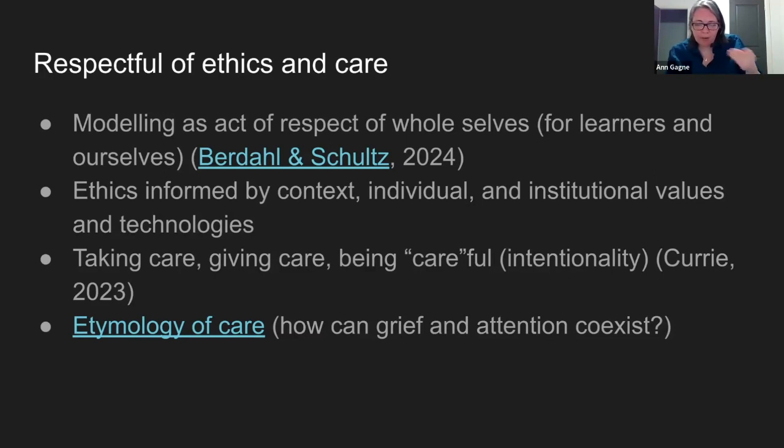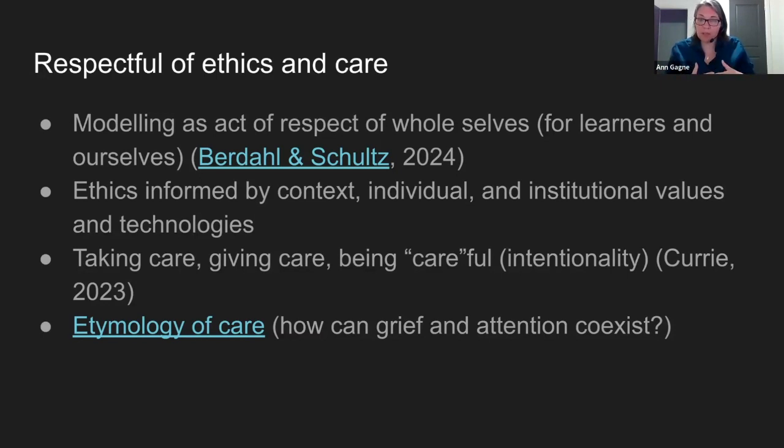And Meredith did a really good job to talk about the technology. And I think the technologies that we get to use in our different institutional spaces are also informed by those institutional values. What kind of learning management systems do we use? What kind of technologies do we have at our disposal? So ultimately, when we're thinking about what care comes into play in our design, we have to think about taking care when we do design something, giving care.